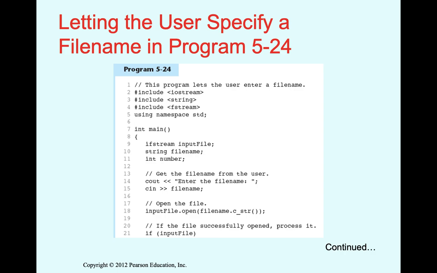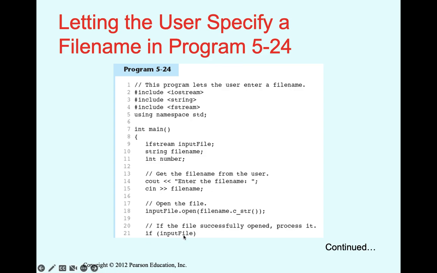So the thing that we have to give here has to be a C string, but this value is a normal string. So that's why we write filename.c_str(). This is only in case you want to ask the user to write the input file. But otherwise, if you know the input file, just write the input file here and it will be opened.